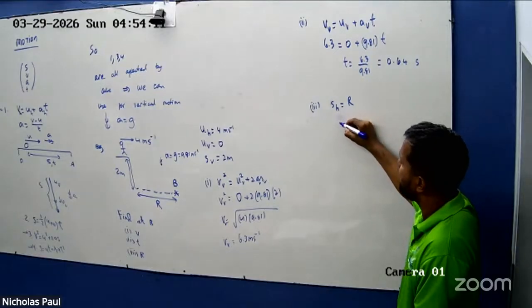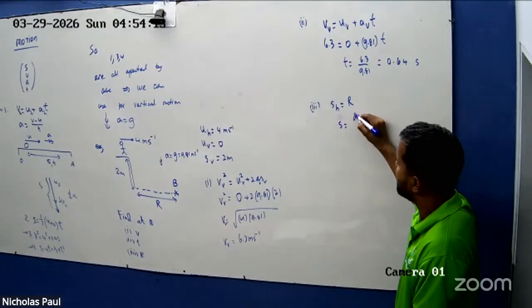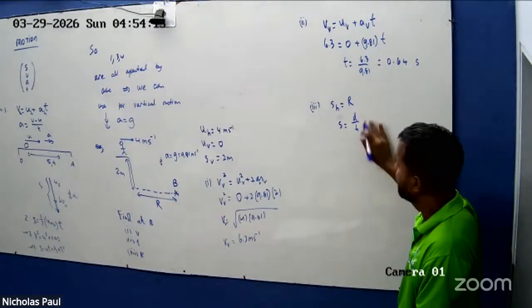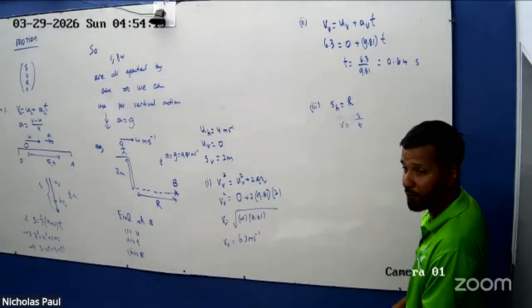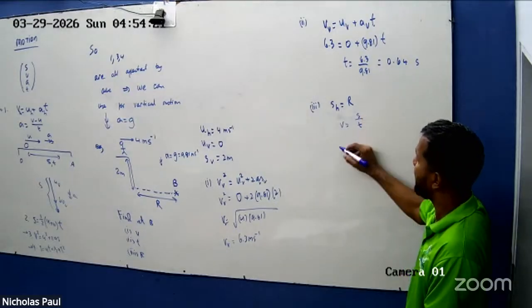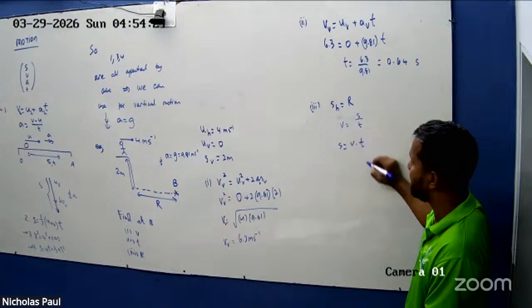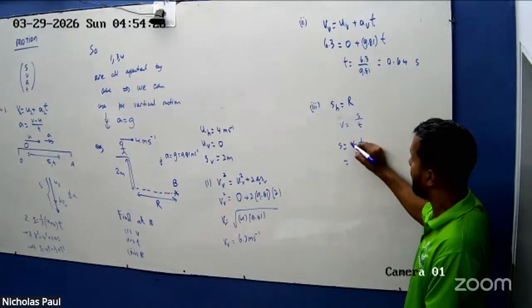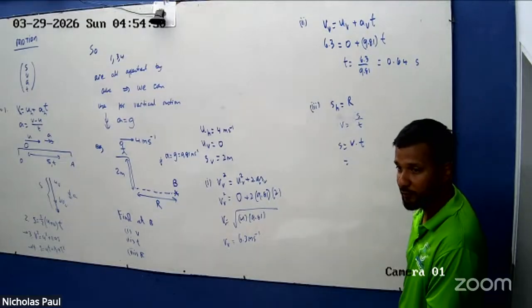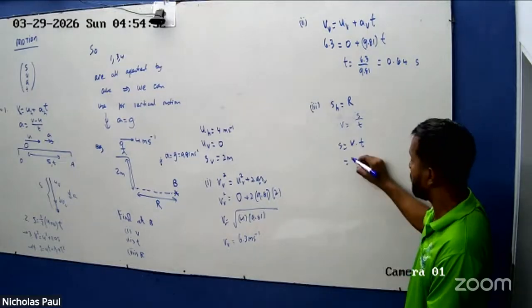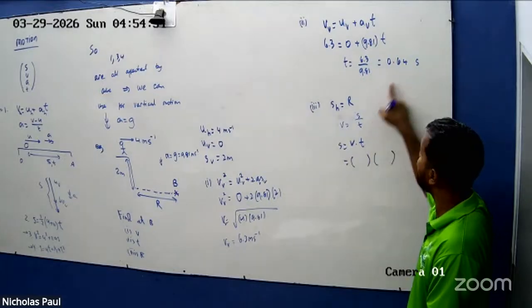Or we can simply use speed as distance on time. Speed as displacement on time, right? So we can find S. S is equal to V by T, right? But what's the horizontal velocity? Time is 0.64.